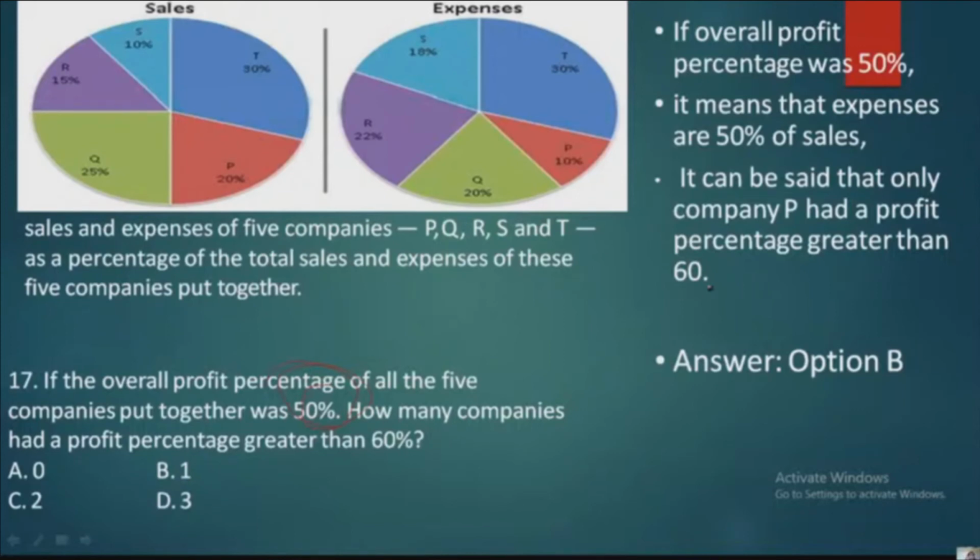How do you say greater than 60? Can anybody tell me? Profit percentage. Can you try to simplify it?